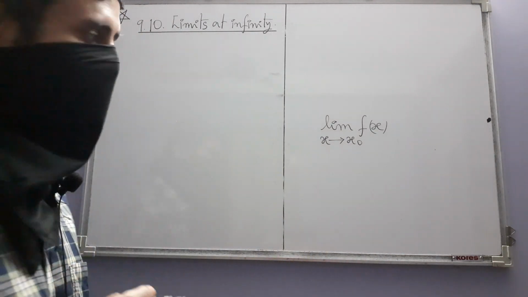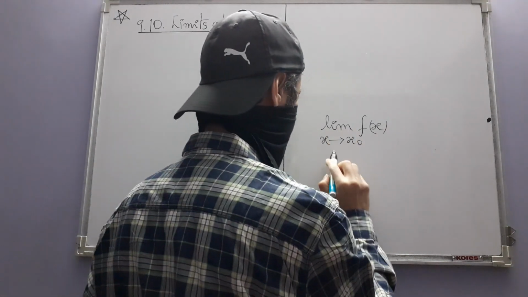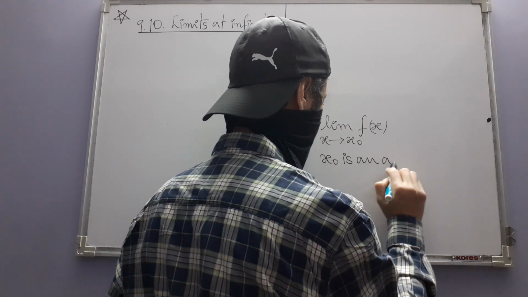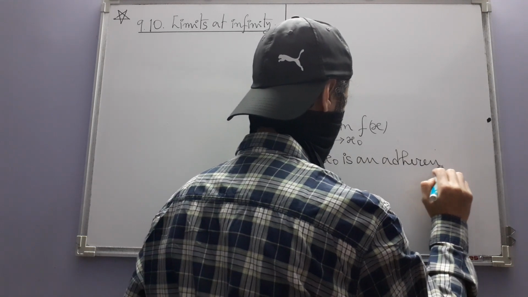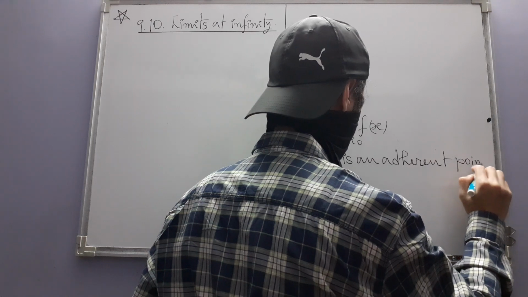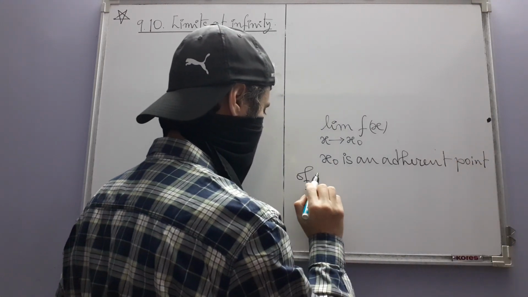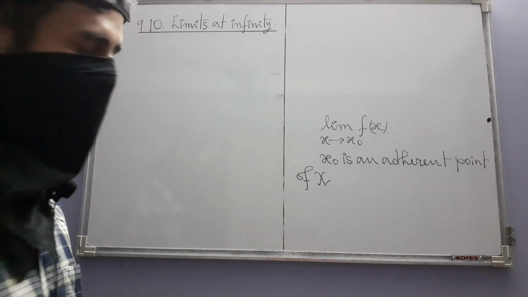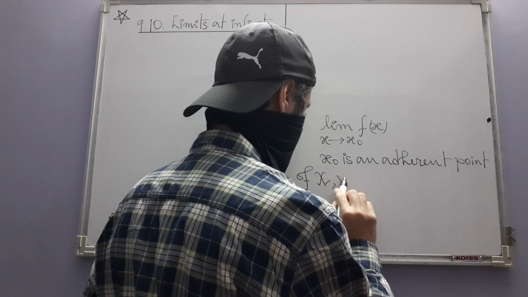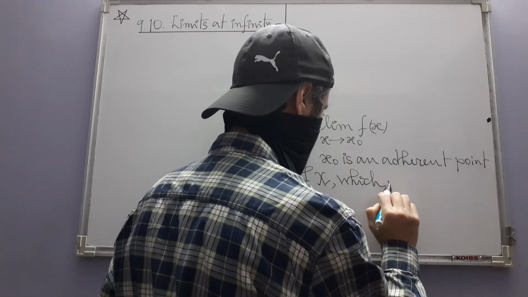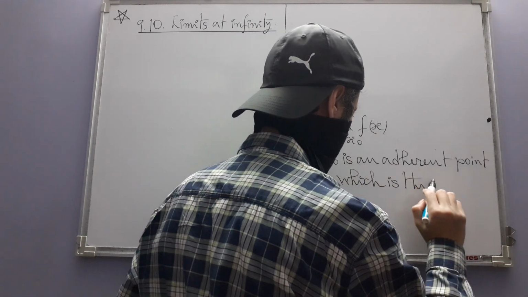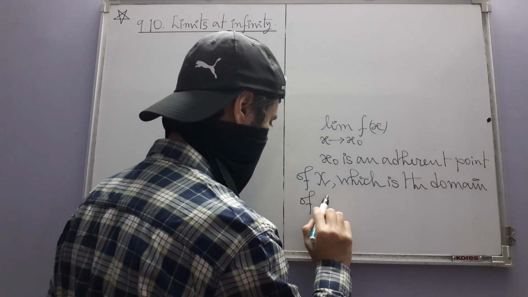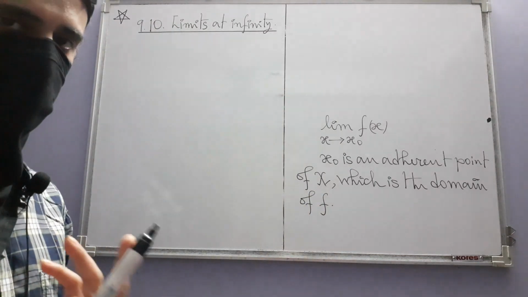We have already seen this when x naught is an adherent point of capital X, which is the domain of f. F, of course, is real valued.